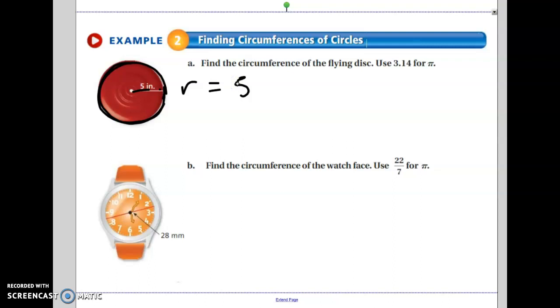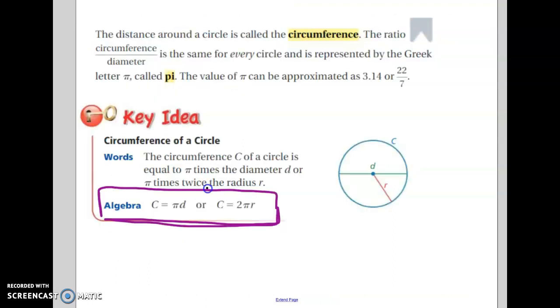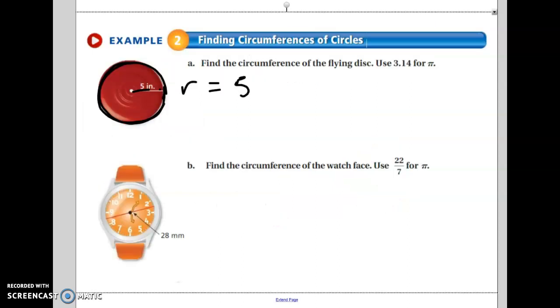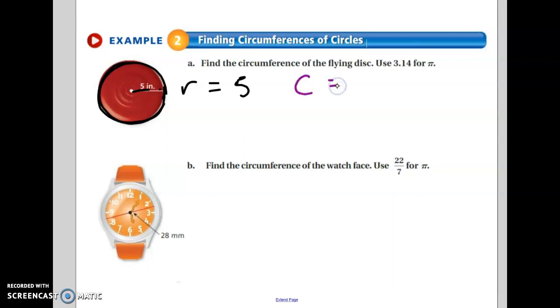So going back to my formula, if I know the radius, then I can calculate the circumference by doing radius times pi times 2. So back to my example, I'm going to do circumference is 2 times pi times my radius. That's the formula I'm going to use.